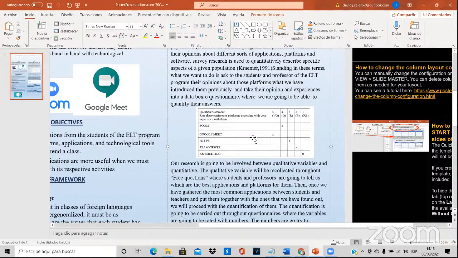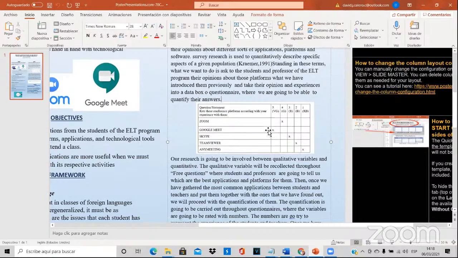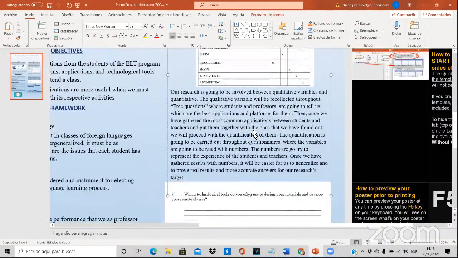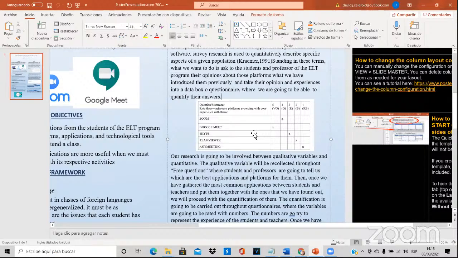The person answering this questionnaire, not only are we taking the qualitative side of what they think with the open questions, but we also want them to quantify how they would rate them, how useful they consider those platforms.